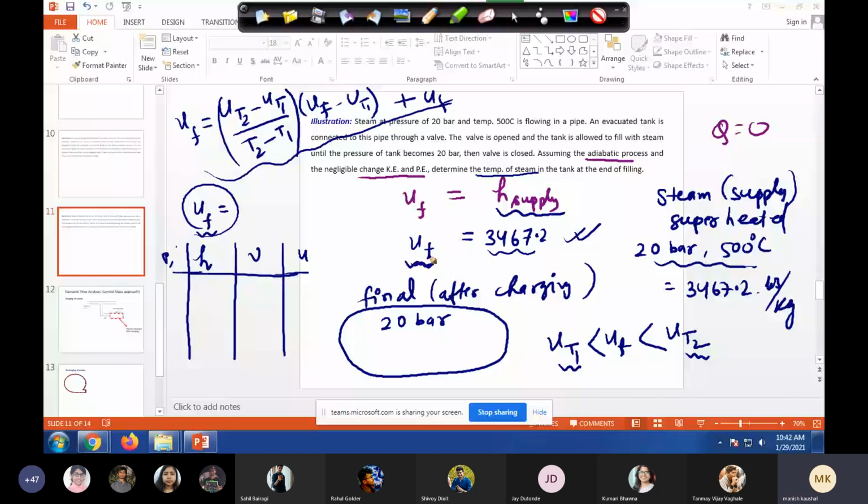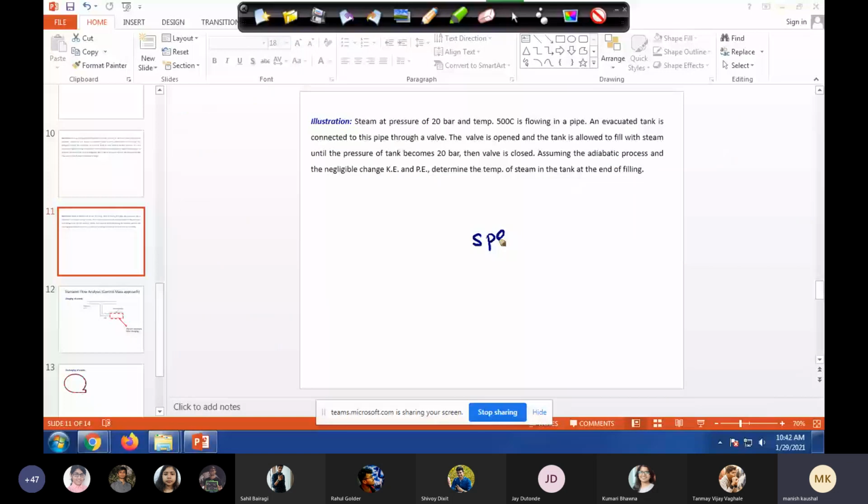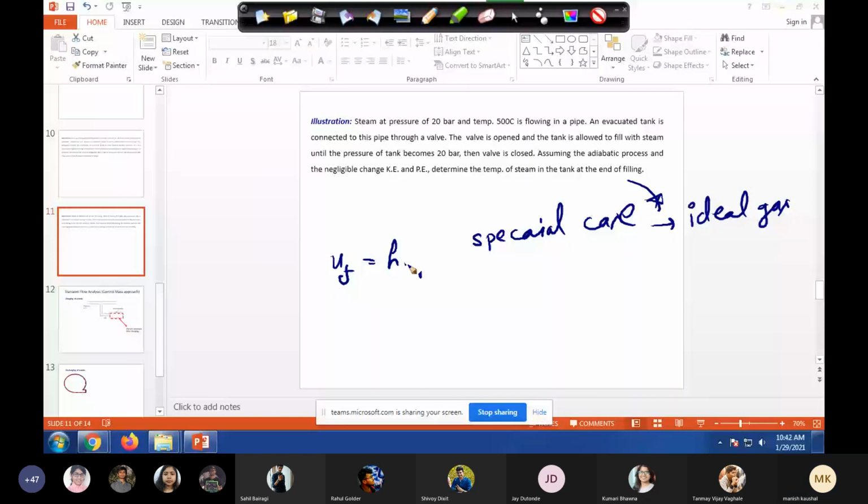Now if you take a special case in the same problem, if you take an ideal gas, then what will happen? What we said, that UF is equal to H supply. For ideal gas, what we can say, H equal to CPT.